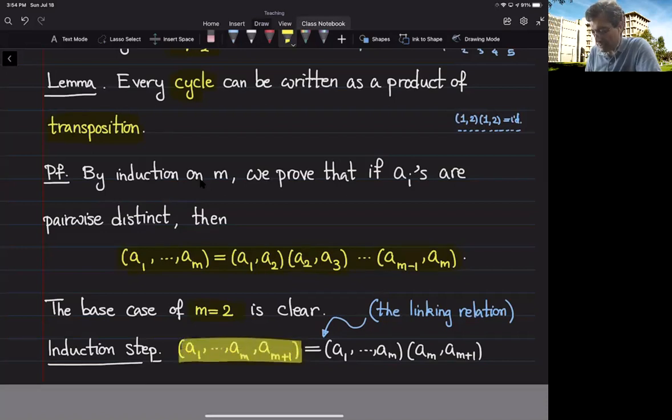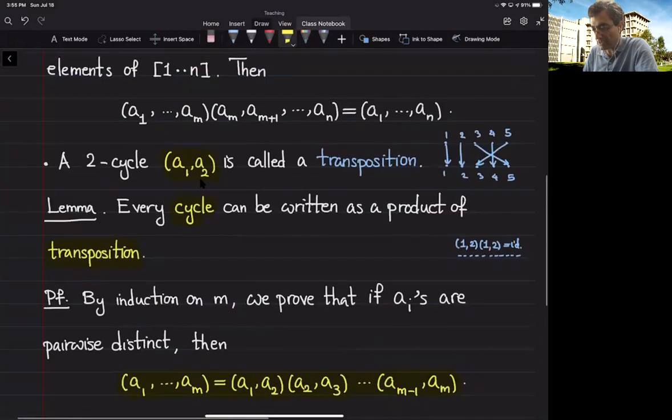I start with this. I use the linking relation and unlink the last 2, which means I'm going to write this as the product of the first m cycle and then the last 2 cycle. And because of the linking relation, this is in fact correct.